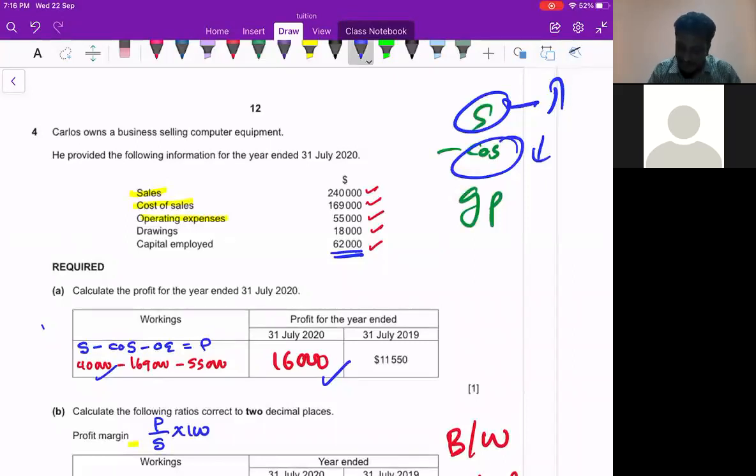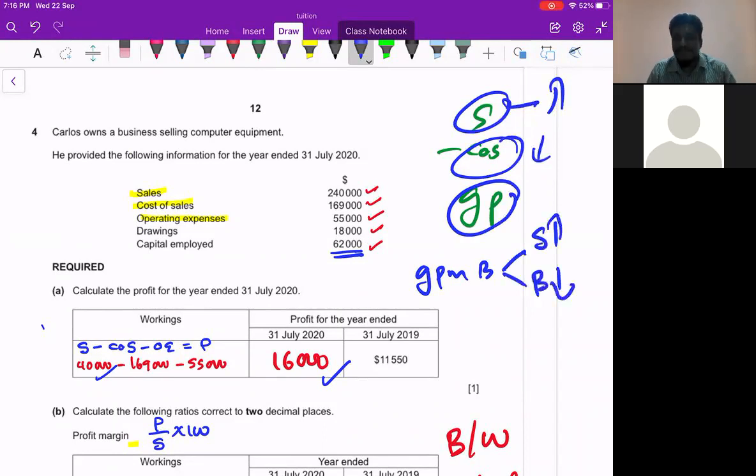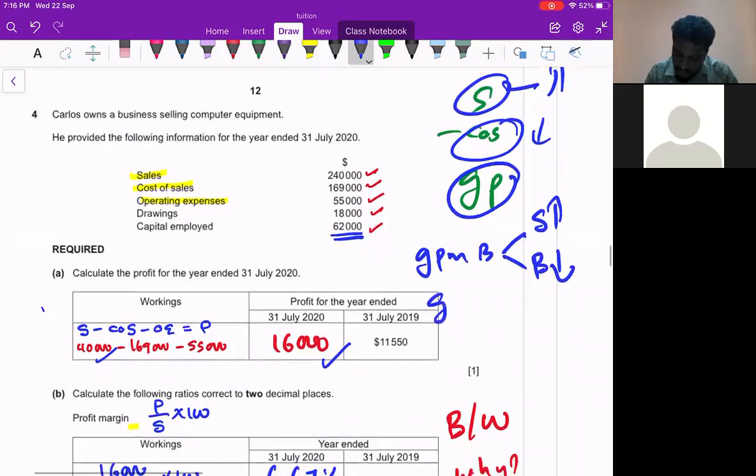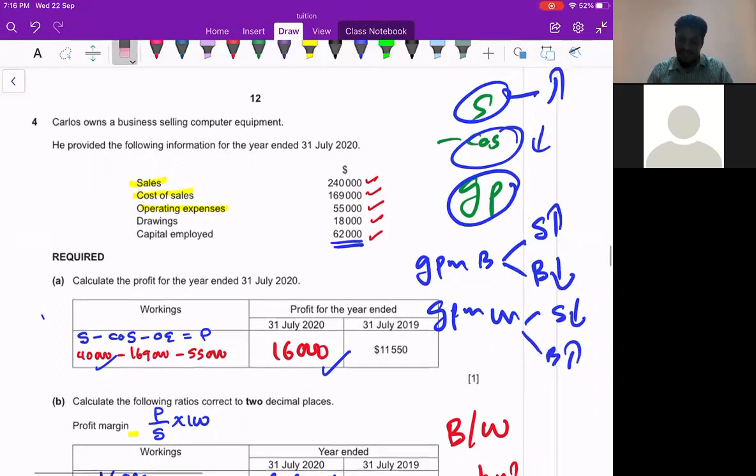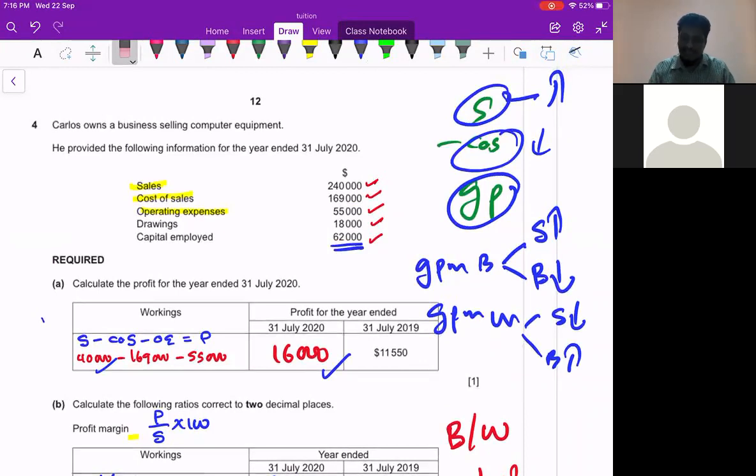Every time your gross profit margin become better, it means you sell for higher price, you buy for lower price. If your gross profit margin become worse means you sell for cheaper price, you buy for higher price. This is the fixed answer actually. You can use this one for every time whenever it's increase and decrease. Every time you can use the same example actually.